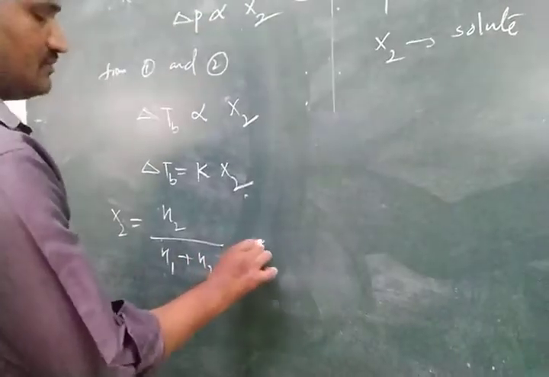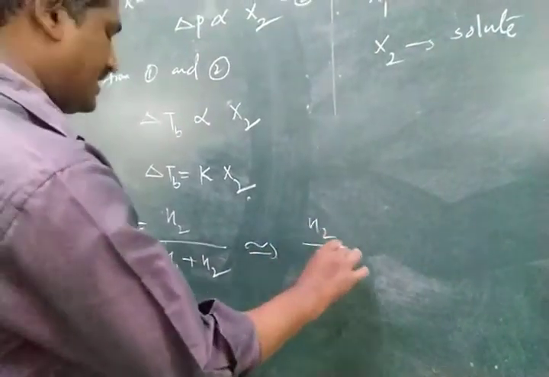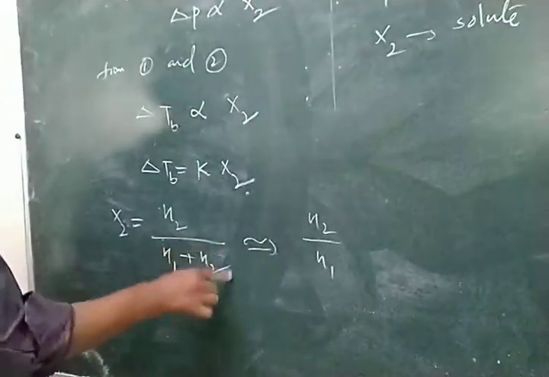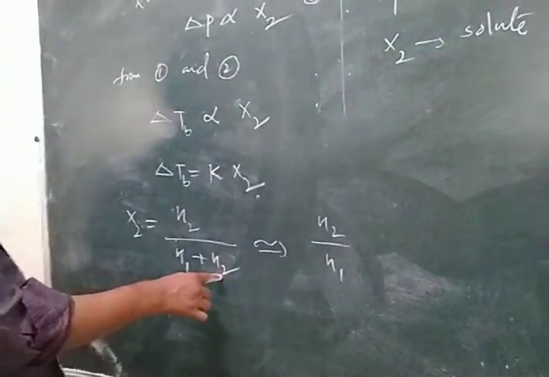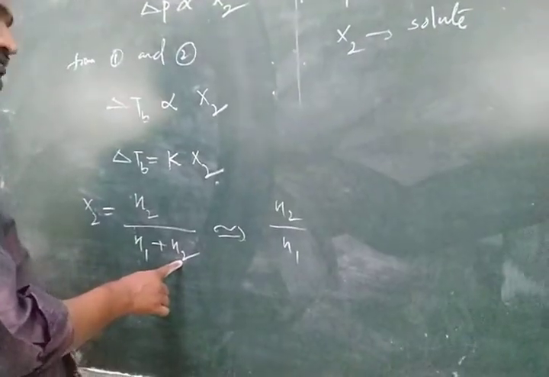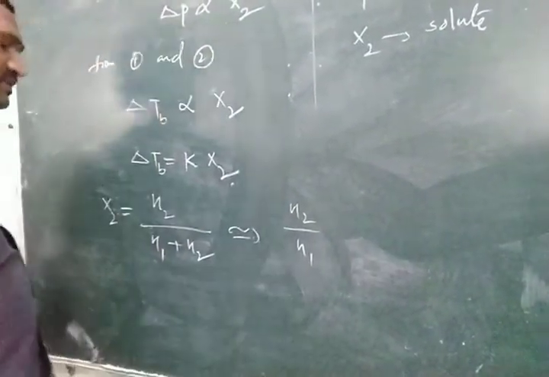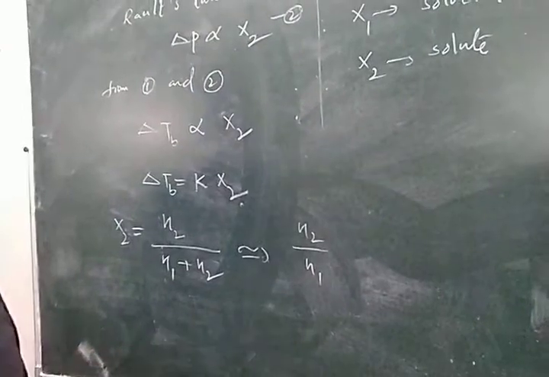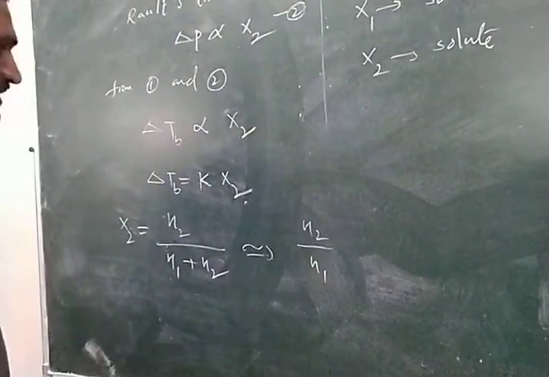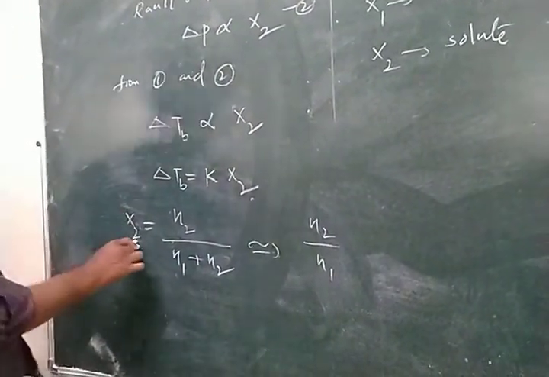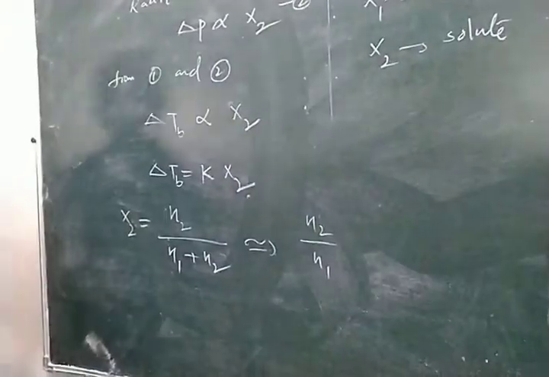So we can write this value as N2 by N1. In the denominator, N2, the number of moles of solute, is neglected, as we discussed already in Raoult's law, because Raoult's law is applicable for very dilute solutions. Solute is negligible. So the mole fraction x2 equals N2 by N1.